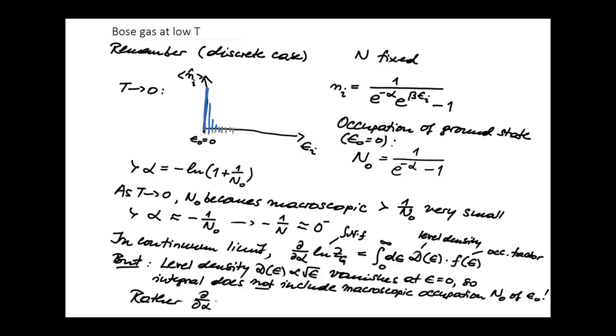Rather, it accounts only for all the other particles outside the ground state. So this derivative with respect to alpha is now no longer n, but it's n minus n naught. It's all particles except the macroscopic occupation of the ground state.